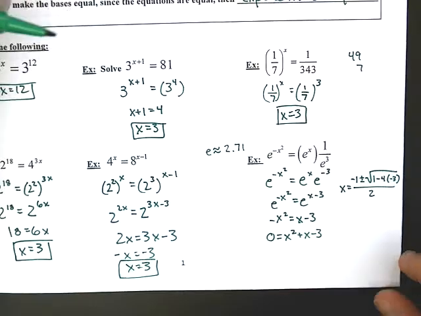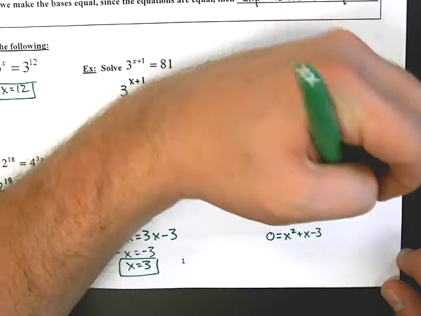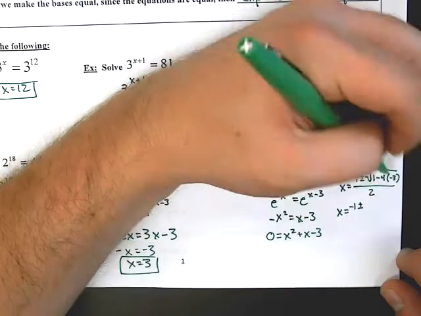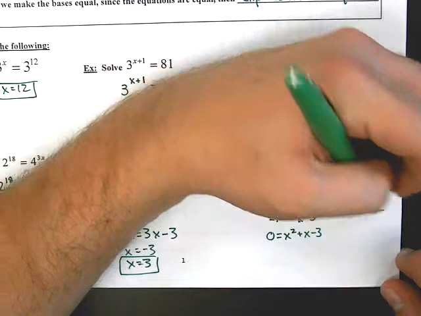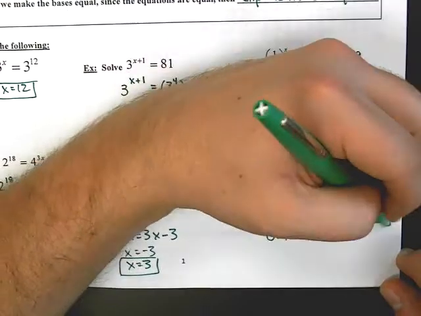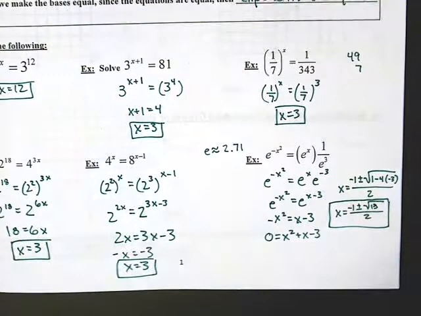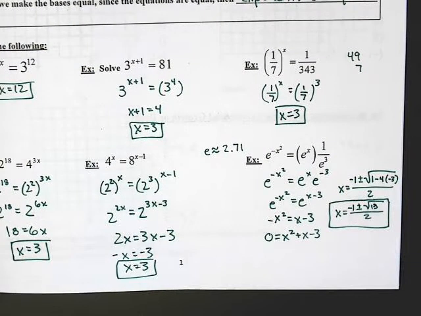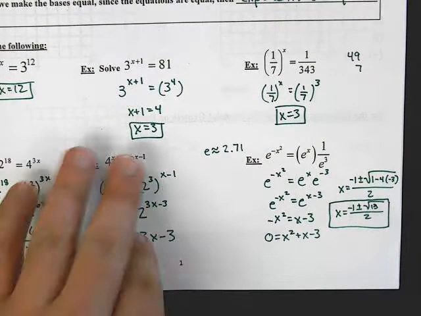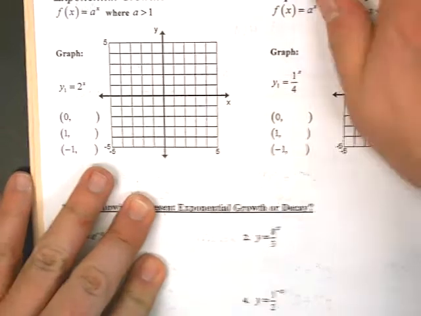Alright, so x equals negative 1 plus or minus square root 13 over 2. And for all that I care about right now, that's good. I want you just to be able to use the quadratic formula. Okay, let's move on. A couple more, and then we'll start graphing.